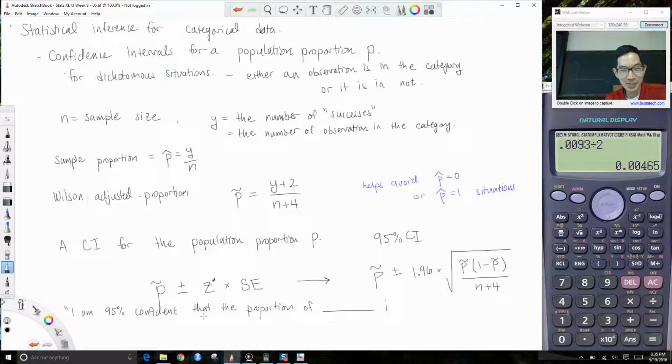So I'm 95% confident that the proportion of whatever in the population is between blank, so this is kind of your low end, and blank on the high end.